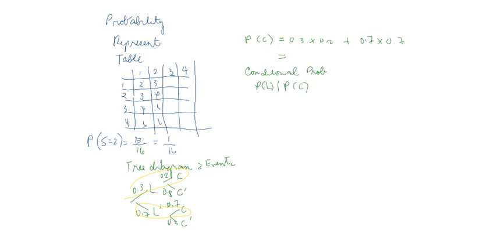Okay, so you know already the rule for this one. Probability of L intersection C over probability of C. Here you have already computed that, so you only need to find this one. Okay, so that's conditional probability.